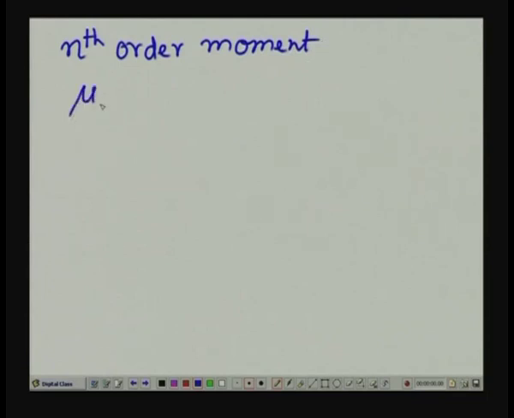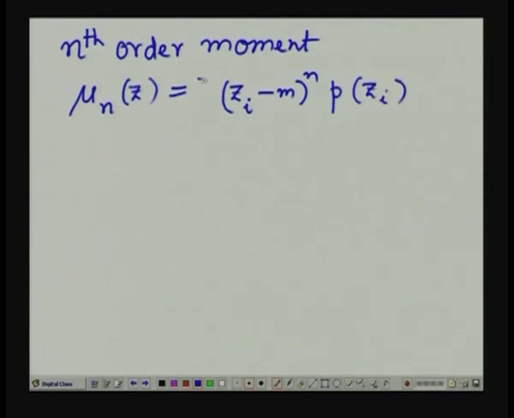So, given a histogram p(z_i), we can have an nth order moment. The nth order moment of a histogram is defined like this: mu_n(z) is equal to the summation of (z_i minus m) to the power n into p(z_i), for i equal to 0 to L minus 1.